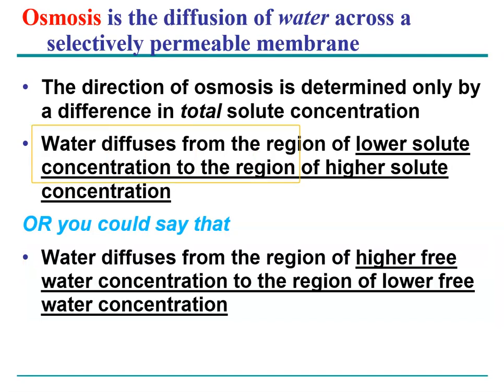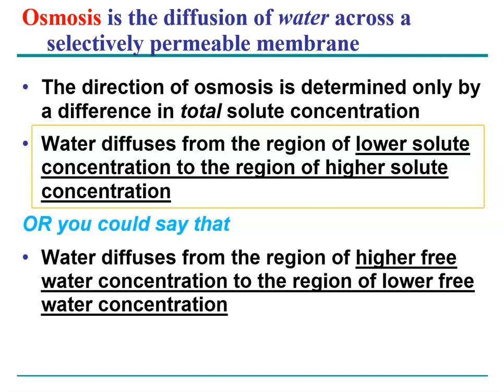Water will diffuse from the region of lower total solute concentration to the region of higher total solute concentration. It's still going in the same direction. It's just from which perspective you're describing the movement of the water, either with respect to how much water there is or how much solute there is.